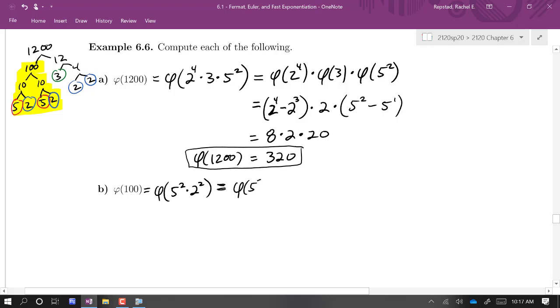So phi of 5 squared times phi of 2 squared. I'm going to use that third item that says how I find phi of a prime power. So 5 squared minus 5 times 2 squared minus 2. 25 minus 5 is 20. 4 minus 2 is 2. So phi of 100 is 40.